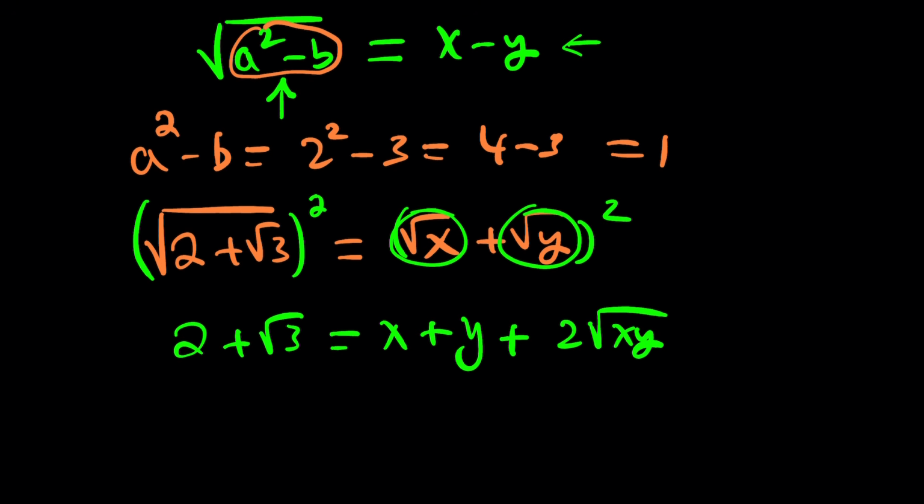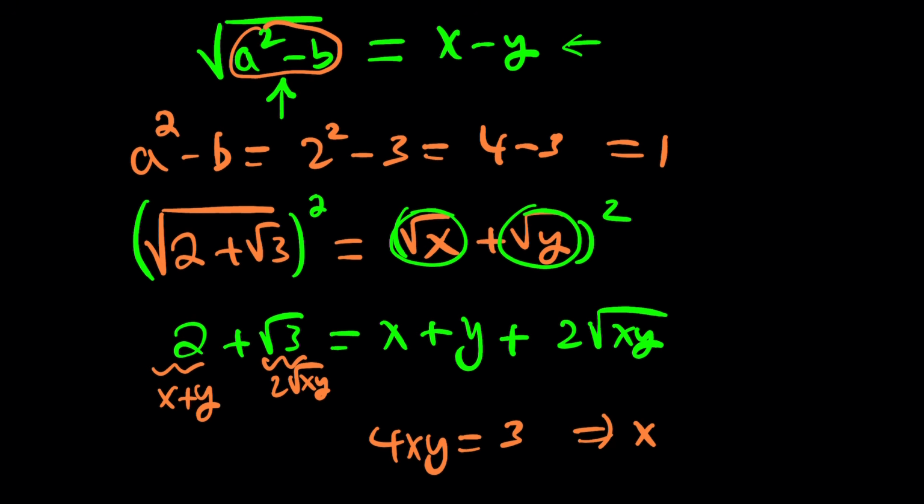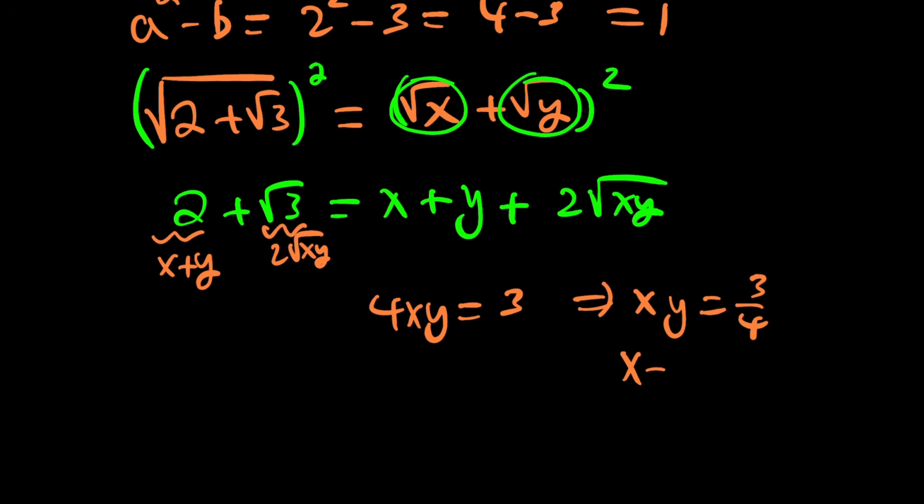Now, if x and y are rational numbers, you can safely say that this is supposed to equal x plus y, and 2 square root of xy is equal to square root of 3, which means that 4xy is equal to 3, which means xy is equal to 3/4, and x plus y is equal to 2.